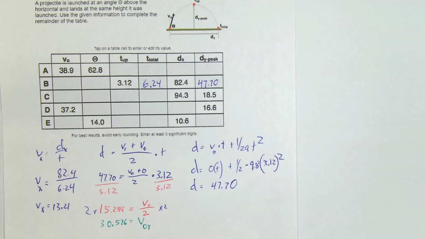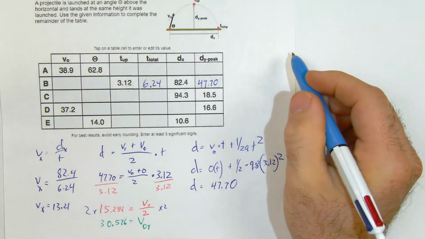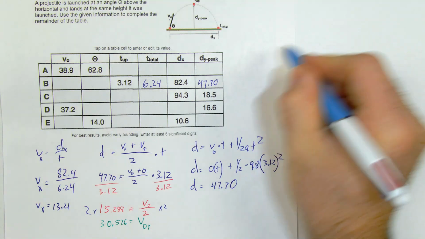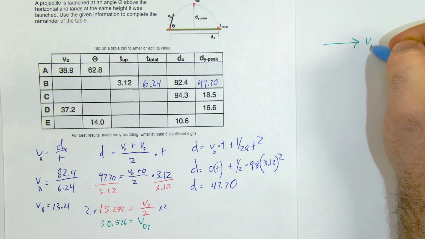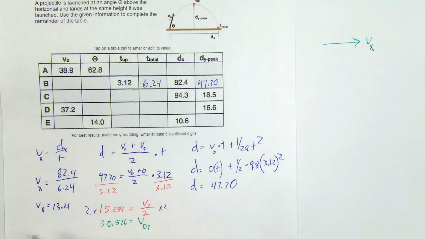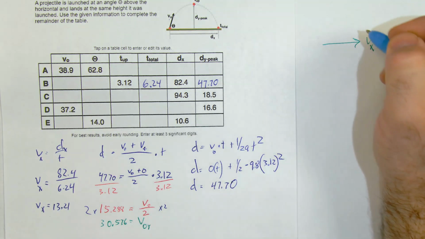And so on the x-axis, you can't see where I'm working, I apologize. The velocity on the x is equal to what we found over here, 13.4.